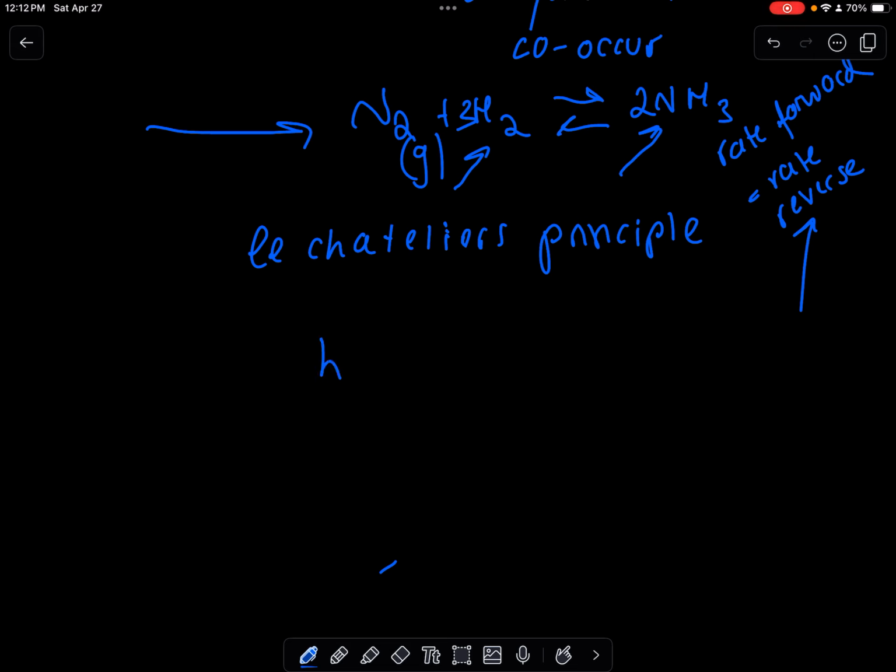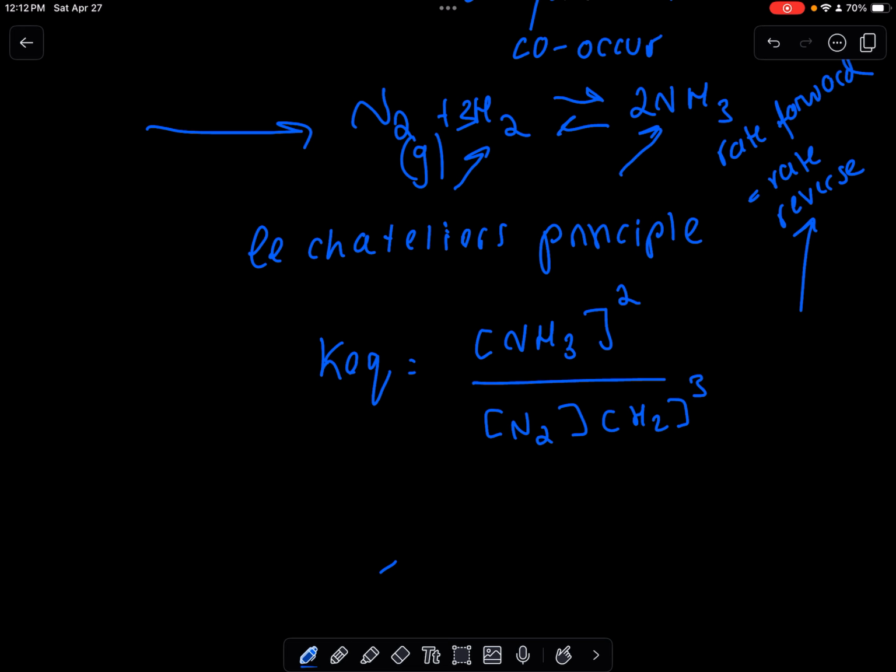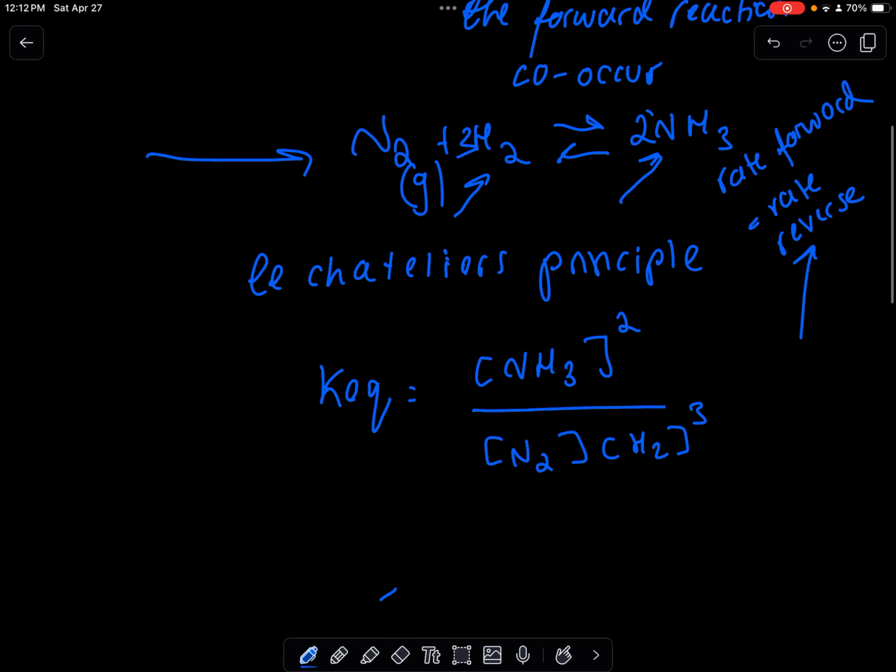The equilibrium constant is known as KEQ, and it's defined as the concentration of the products raised to their stoichiometric power all over the concentration of the reactants raised to their stoichiometric powers. As you can see, we have 2 moles of ammonia, so we put a 2 there. We have 3 moles of hydrogen, so we put a 3 there. So this is the equilibrium constant.